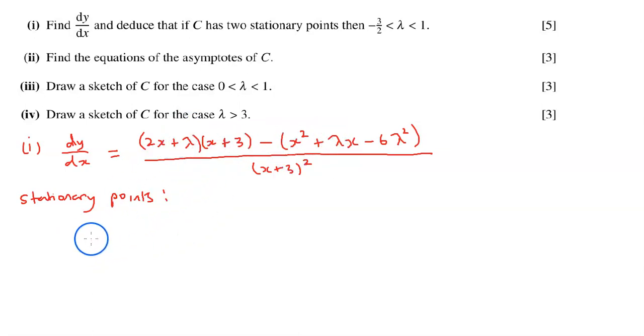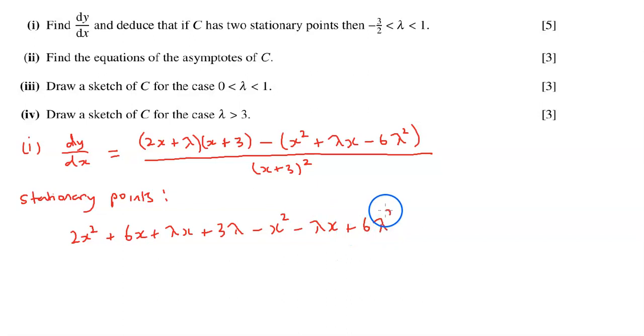So let's go ahead and expand out the top part. So we get 2x squared plus 6x plus lambda x for now, and then plus 3 lambda, and then minus x squared minus lambda x plus 6 times lambda squared. So we need this thing to equal 0. And we can combine like terms.